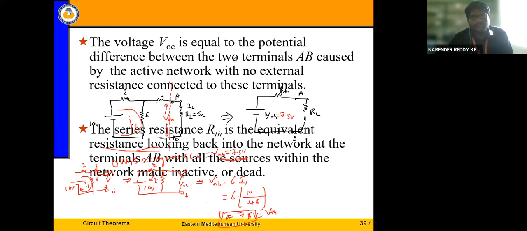The voltage VOC is equal to the potential difference between the terminals A and B caused by the active network, with no external resistance connected to these terminals. That's what I did, right? We removed the external resistance and found the open circuit voltage. Now, what is RTH? It is the series resistance or equivalent resistance looking back into the network from the terminals A and B with all the sources made inactive or dead.